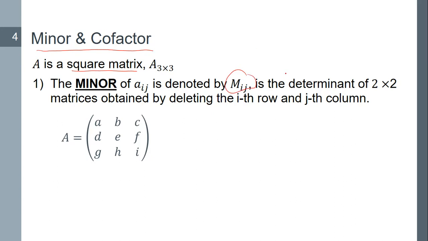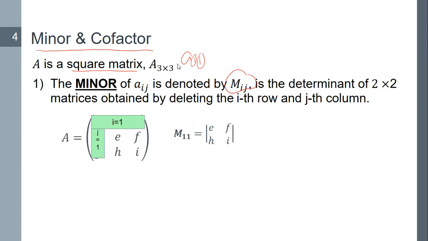To get the minor of Aij, you delete the i-th row and the j-th column. For A11, you delete row 1 and column 1. So we have M11, where we cover row 1 and column 1.